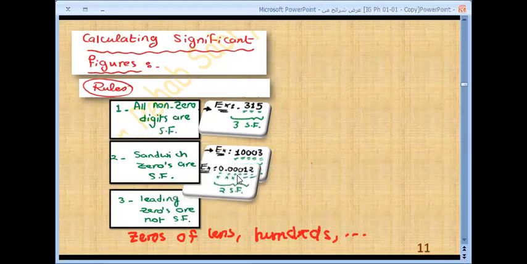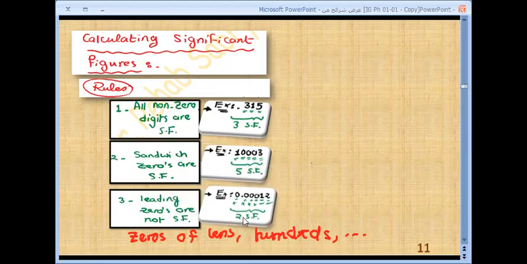Why are they leading? Because when we write the number, we write it from left to right. So these zeros are to the left. Their job is to show the position of the digits. For example, here 0, 0, 0, 12. All these zeros to the left are not significant.